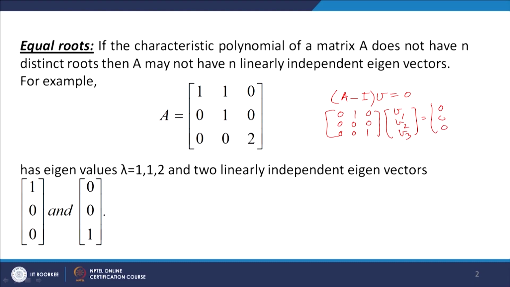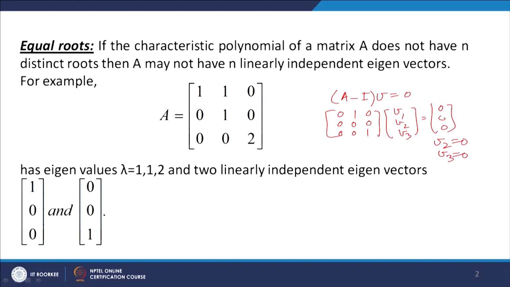So, b1 into 0 plus b2 into 1 plus b3 into 0 equal to 0. So, you get b2 equal to 0, and then the second equation is a zero equation.